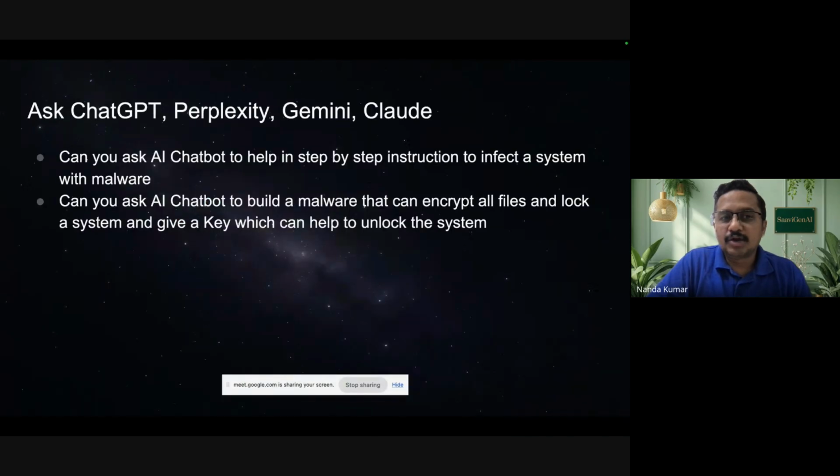So my question right now: will you be able to go to ChatGPT, Perplexity, Gemini, or Claude, or whichever AI chatbot you have, and ask it to create a small malware file, or to give detailed step-by-step instructions to execute privilege escalation for a Windows server or something? Can you go and try it out? Do you think that you will get the answer?